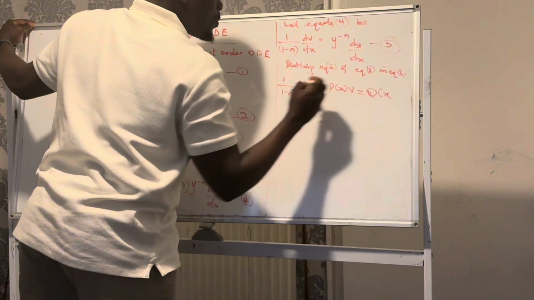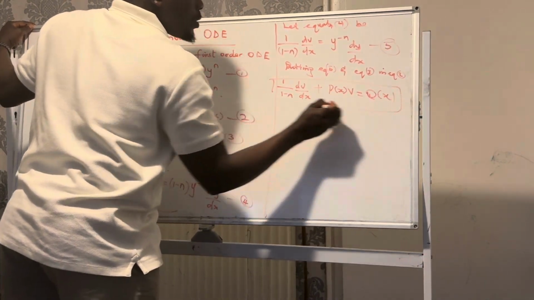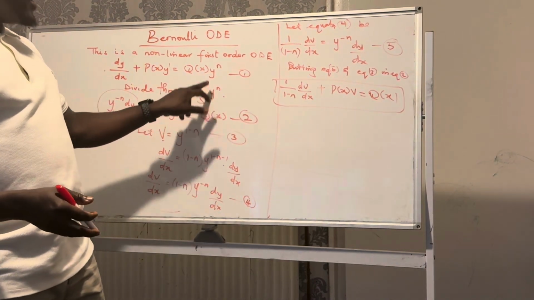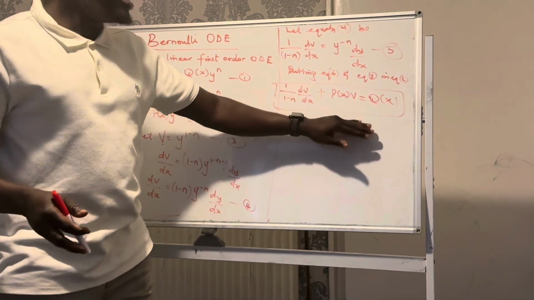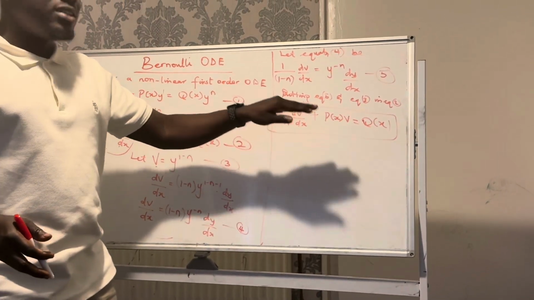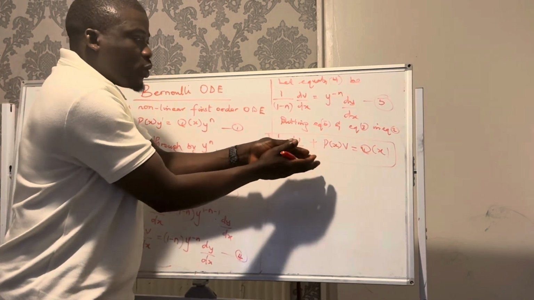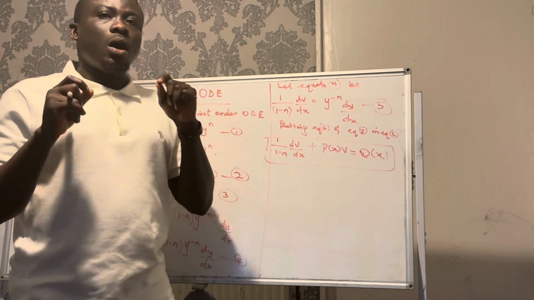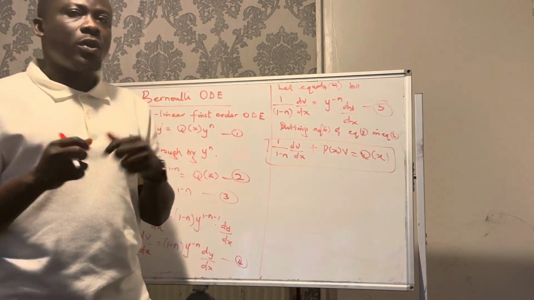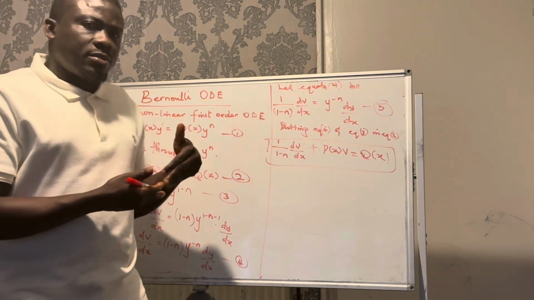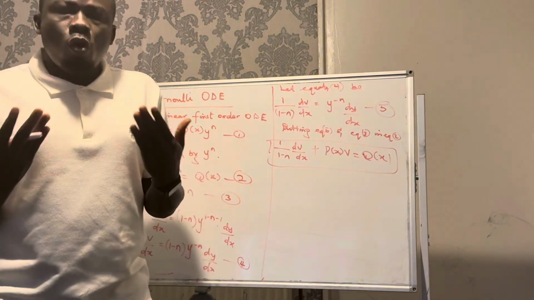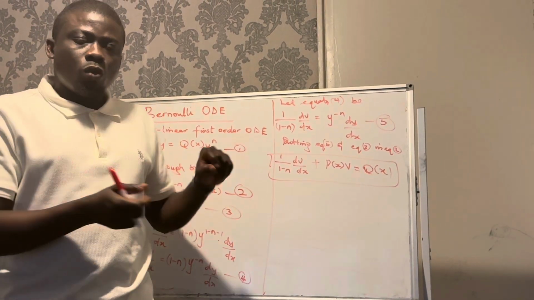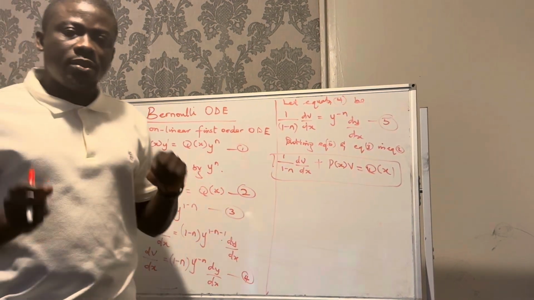Now, this is now linear. It is linear because there is no coefficient of y raised to power n beside q of x. Are you getting my point? After getting this as a linear equation, we can now determine our integrating factor and follow the procedure of a linear first order differential equation. Then we get the value of our y. In the next example, I'll solve two or more examples related to the Bernoulli equation. Then you get the explanation of what I meant by this derivation in the simplest form.